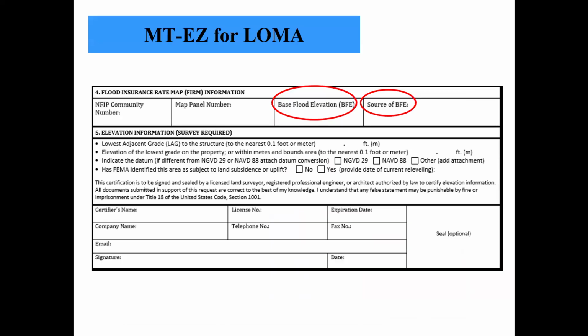And then again, the base flood elevation has to be calculated. There are different ways to calculate it. So I'll walk you through the Map Service Center. And then again, what the source of that base flood elevation is, how was this calculated, to make sure that it's been done appropriately. We're not just taking a number off the FIRM.